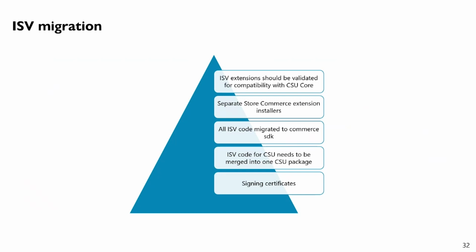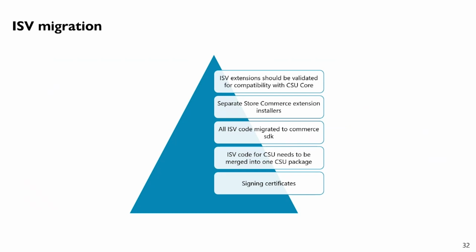ISVs can create extension installers that can be applied on top of the base installer. Multiple extension installers can be applied on top of the base installer. Customers and partners are now able to apply multiple extension installers, which can be ISV packages based on a solution or a feature or a functionality.